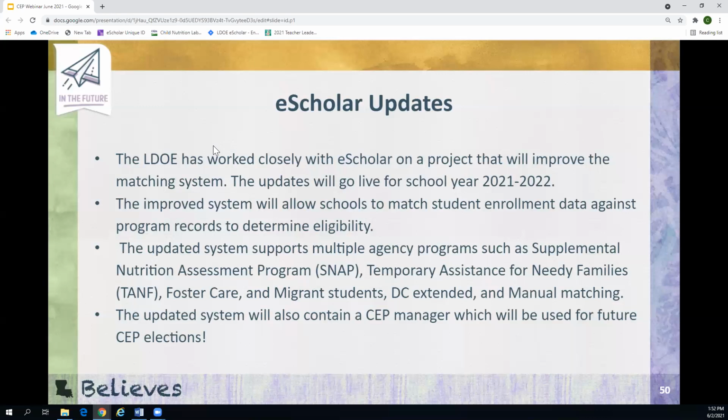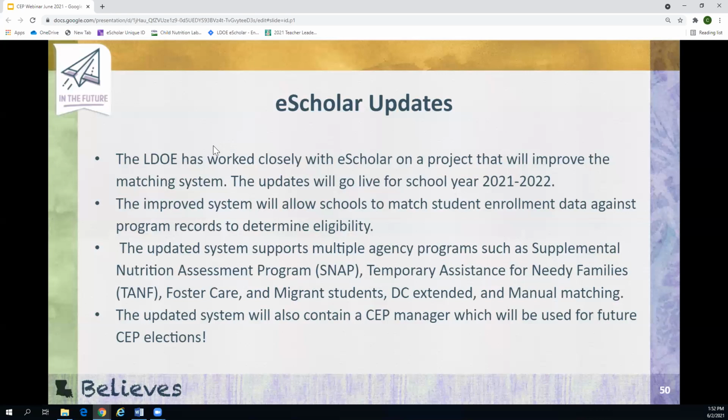So our goal with this is to really get a system that is the single source of truth for identifying students. So it is going to pull data from Merrill, which is the state's migrant homeless database. It's going to pull information from the matching for TANF. It's going to pull in information from foster kids from DCFS lists.